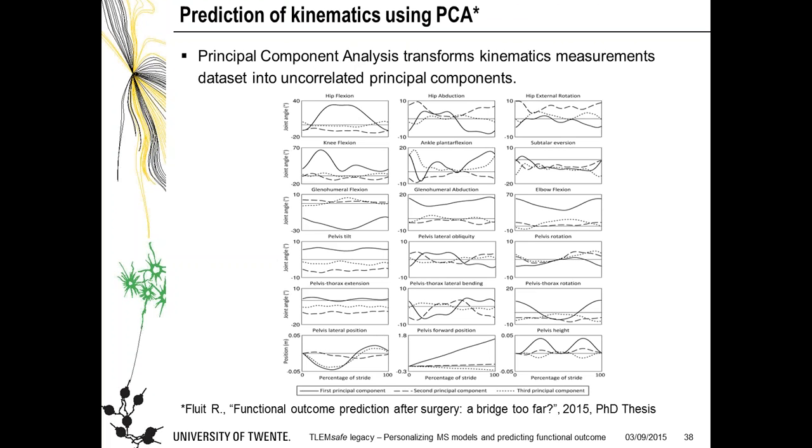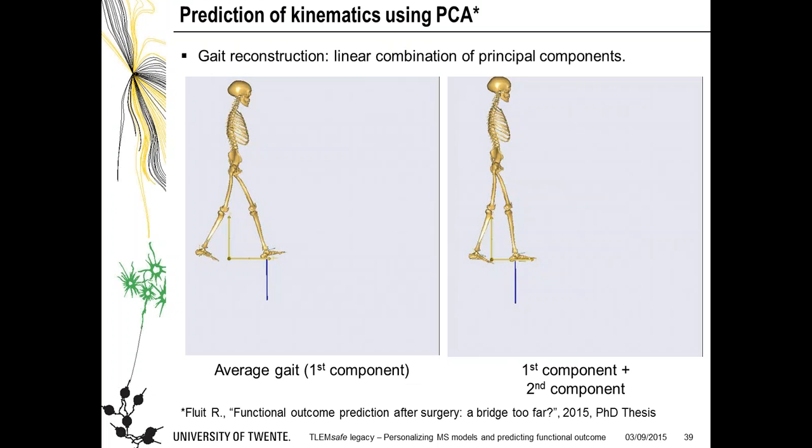The first principal component represents the average gait pattern that was measured on all the subjects in the gait lab, while all the other principal components represent a specific feature that distinguishes the gait pattern of each subject from another. And we found that 5 principal components are sufficient to represent 95% of the variability measured in the gait patterns in the gait lab.